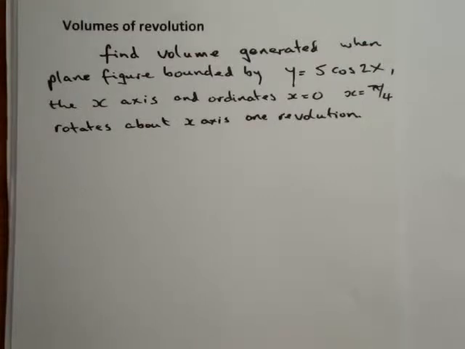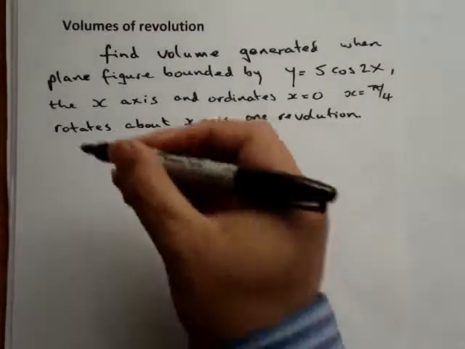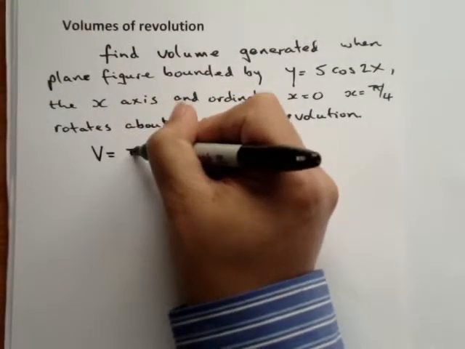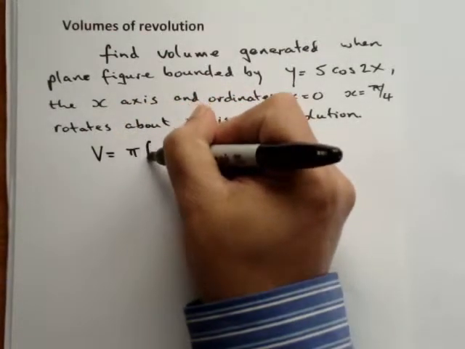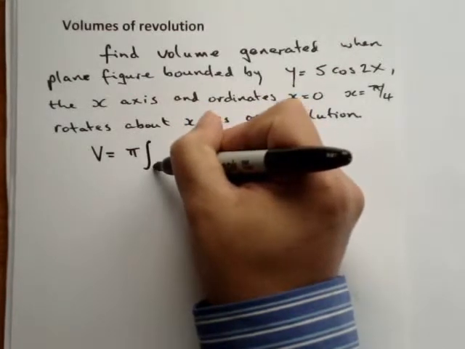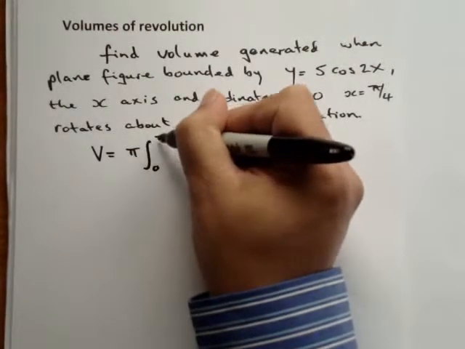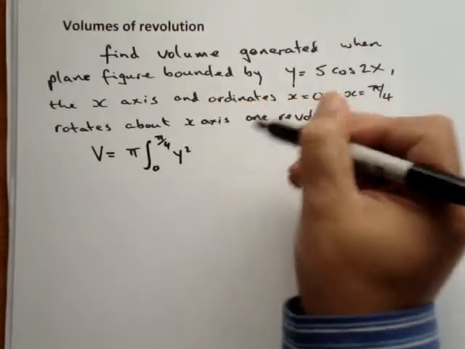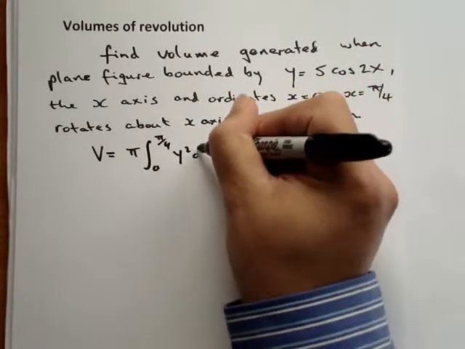Find the volume generated when the plane figure bounded by y equals 5 cos 2x, the x-axis and ordinates 0 and pi over 4 rotates about the x-axis by 1 revolution. So we know that V equals pi, and our integral is from 0 to pi over 4 of y squared dx.